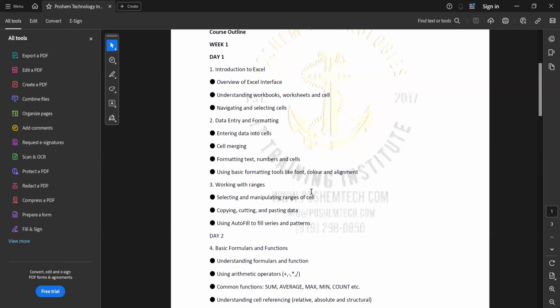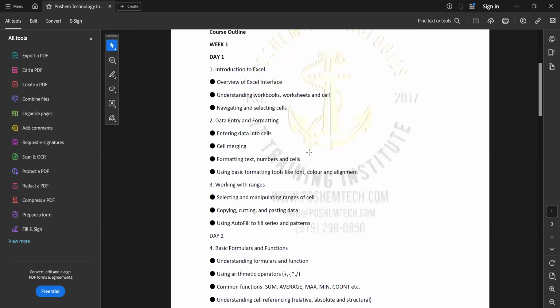All right, so I think we did all of this today. Data entry and formatting, entering data into cells, cell merging, and wrap text, we did that. Formatting text, numbers, and cells, we did that.